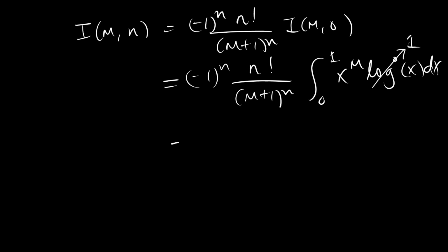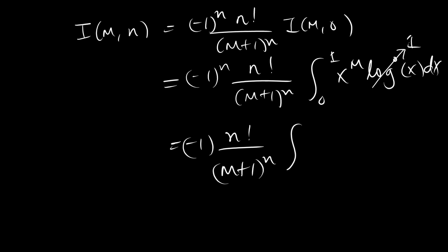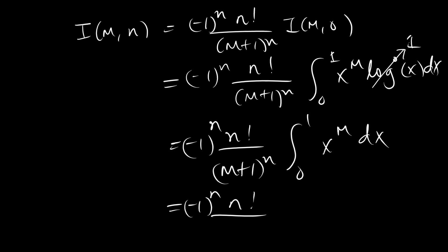So we have negative 1 to the n factorial over m plus 1 to the power n times the integral from 0 to 1 of x^m. Which is the same as negative 1 to the power n factorial over m plus 1, you have x to the power m plus 1 over m plus 1, from 0 to 1.